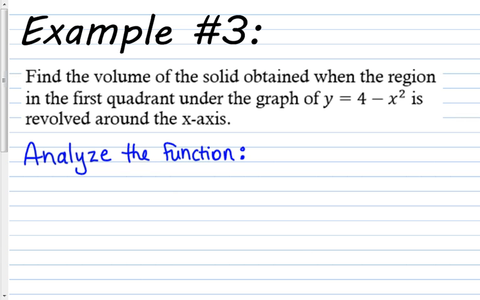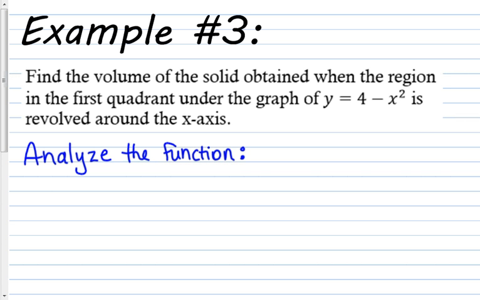So find the volume of the solid obtained when the region in the first quadrant under the graph of y equals 4 minus x squared is revolved around the x-axis. Okay, you don't have limits, and in order to find the volume, you need the limits. So analyze the function. Figure out what this looks like.